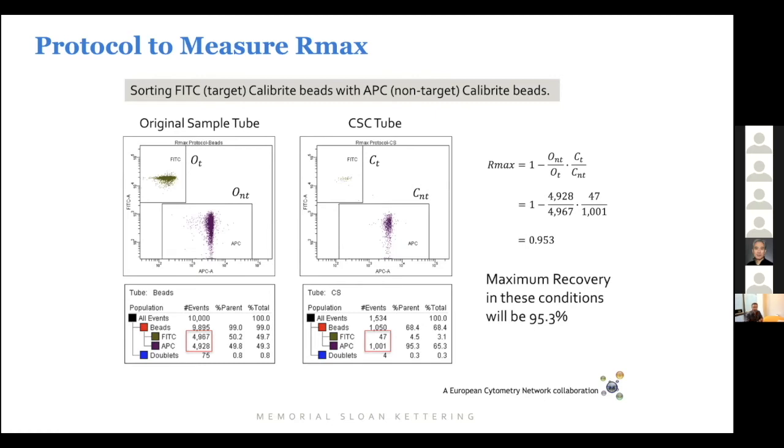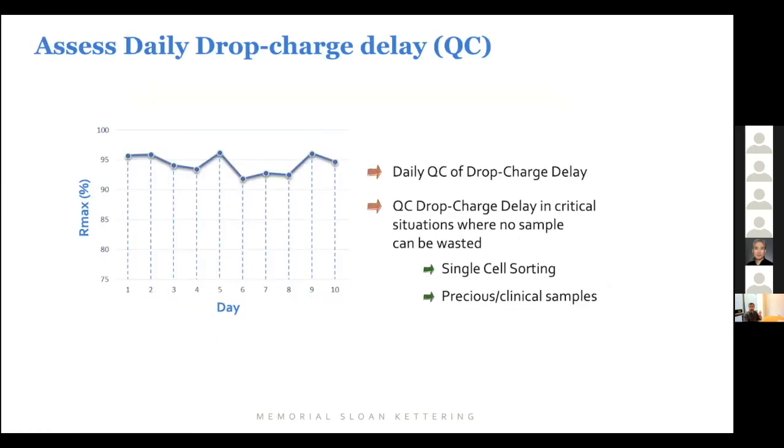Now, we can use this, for instance, for daily QC to assess our drop charge delay. If you have an ARIA, you use AccuDrop, and how confident are you in whether the AccuDrop has measured the actual time between the lasers and the break-off point, right?